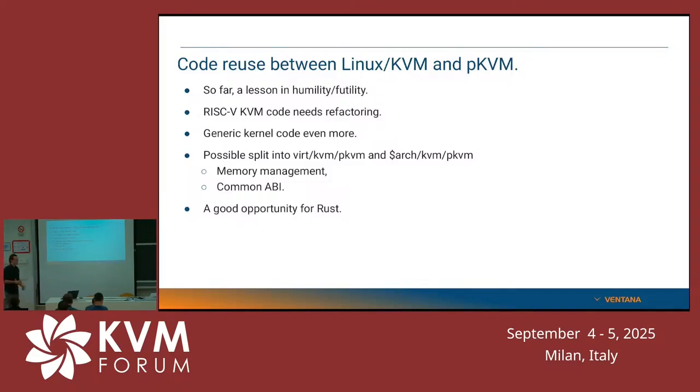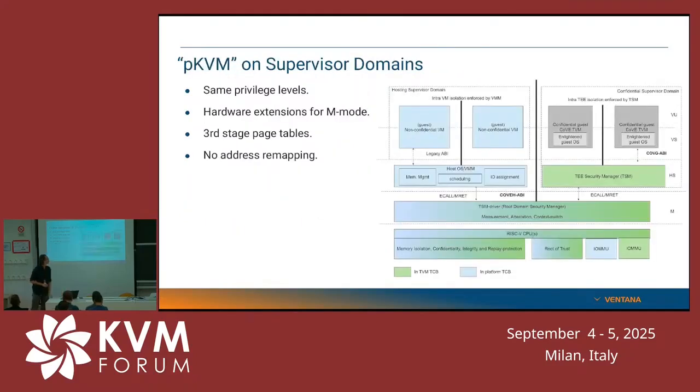So I think it would be a nice project, though I haven't really started working on trying to do this in Rust, as there's another possibility, as there's something always coming in RISC-V, and the next extension that also changes the confidential VMs quite a bit is supervisor domains.